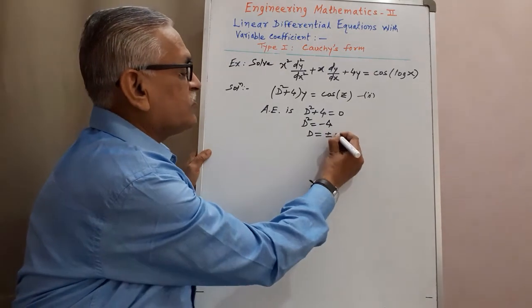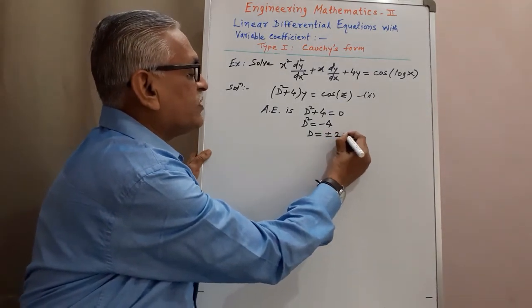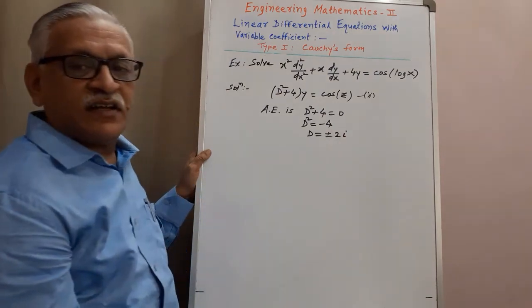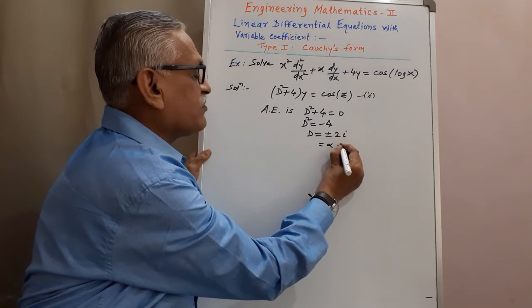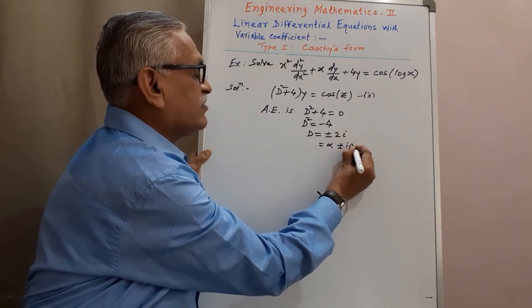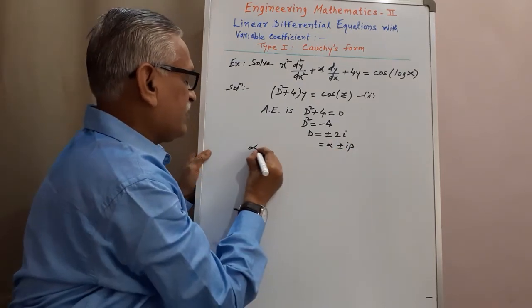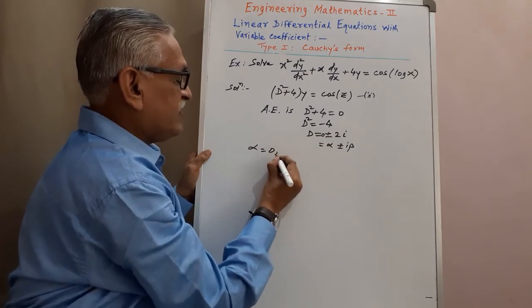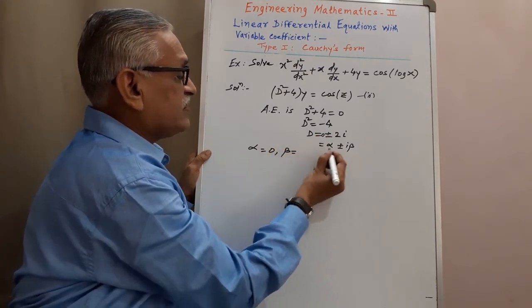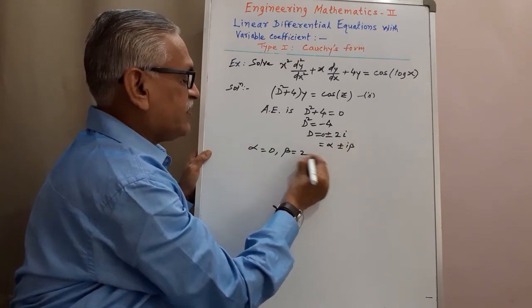Root of 4 is 2 and root of minus 1 is i, imaginary. The roots are imaginary, in the form of alpha plus minus i beta. Therefore alpha, the real part, is 0, and beta, the coefficient of i, is 2.